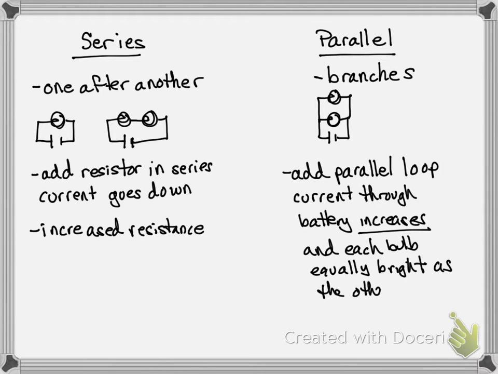When you build a parallel circuit, if I just have one bulb, just like the drawing on the left for series, and then I add this extra branch, when I connect that last wire for that top branch or that top loop, the bulb that was in there the whole time doesn't change. It is completely unaffected by the fact that you have added another loop.